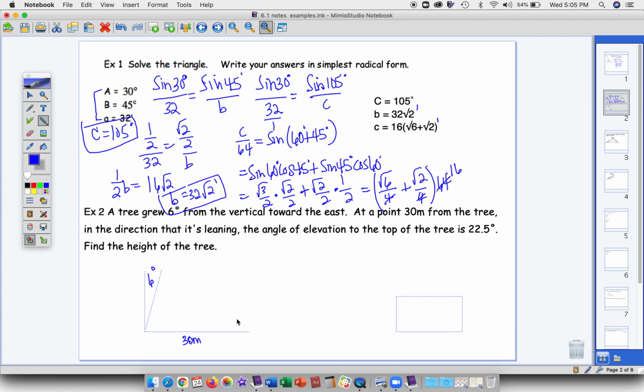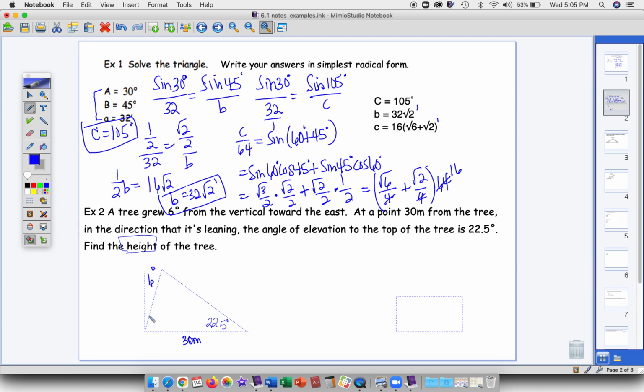And then from that point, the angle of elevation to the top of the tree is 22.5 degrees. And we are asked to figure out the height of the tree.